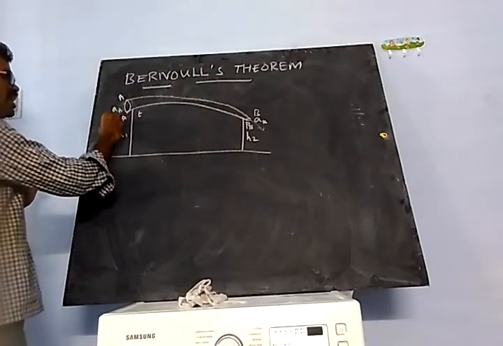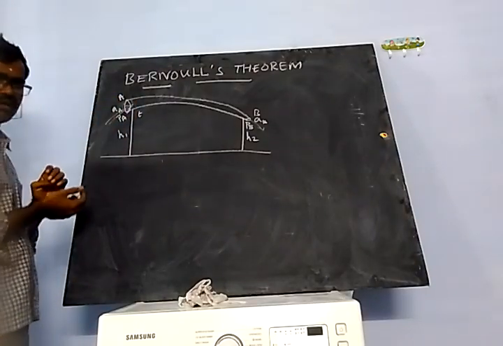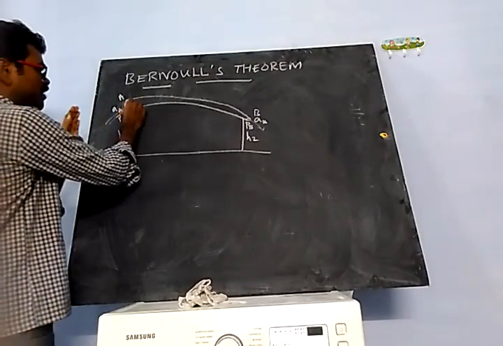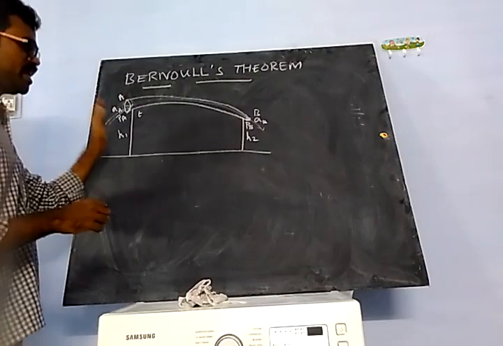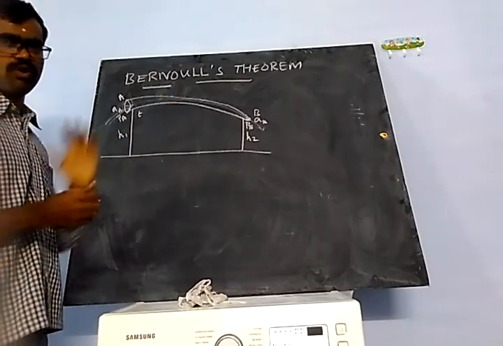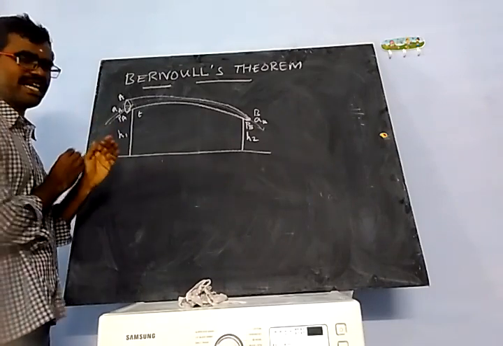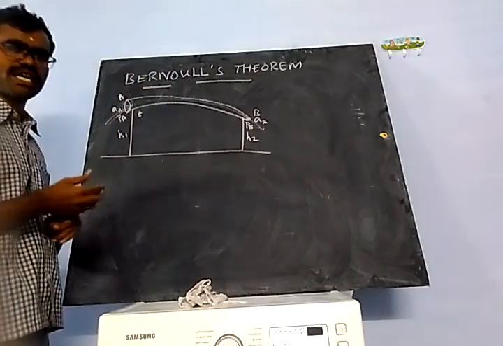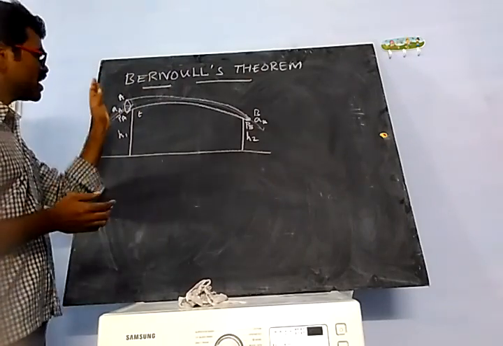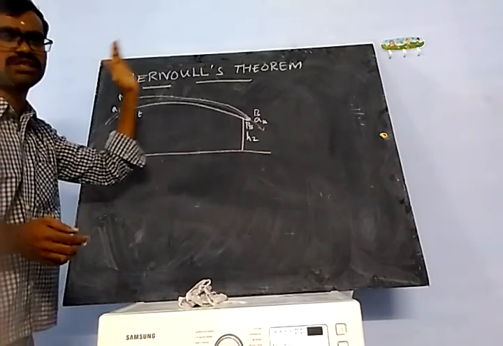Now the liquid is entering this pipe and moving from A to B. Do you understand? So it needs some work done, otherwise the liquid does not flow from one place to another.